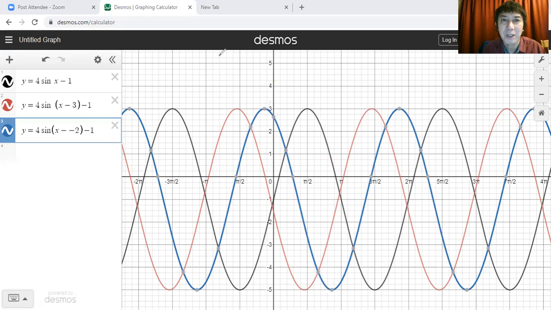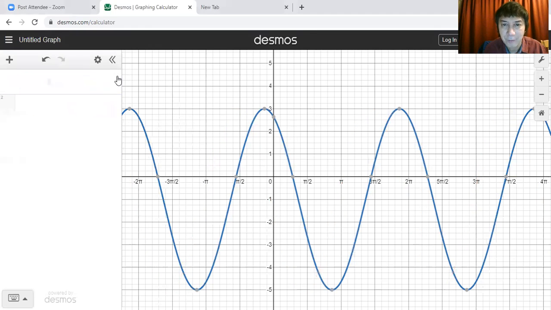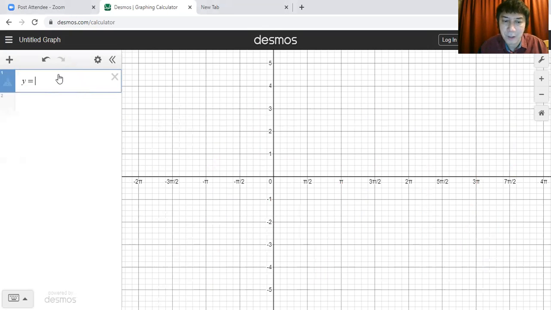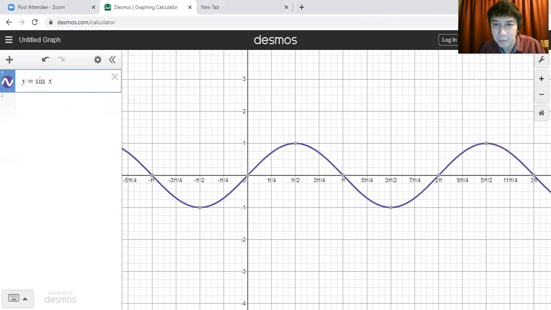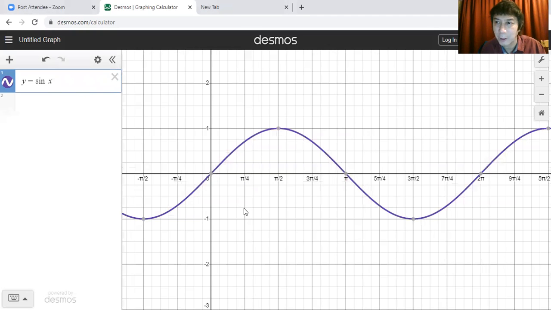Let me clear the screen. Before I forget, let's go back to the original sine and I'll show you something. Just a graph of the sine function. If you have y is equal to sine x, like this, and let's go back to the original pi/4 increment.